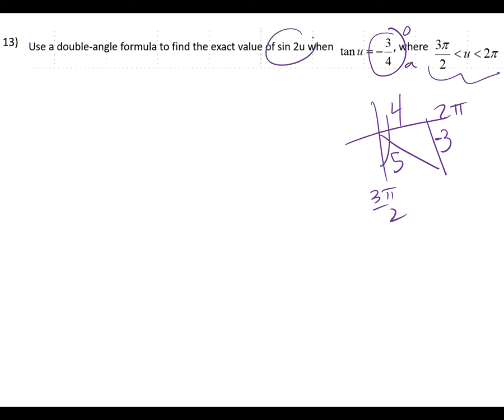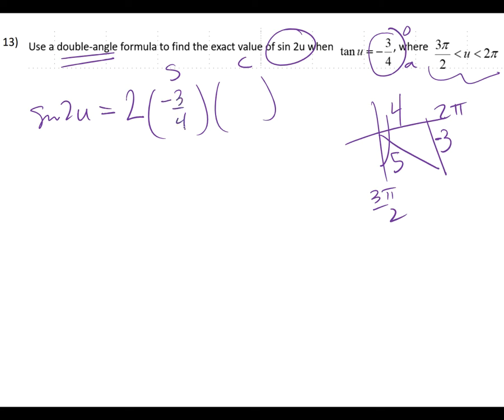Now I'm going to actually look at what I've got to solve. It's very explicit. It says use double angle. So I look at my sheet and I find double angle. I need to find sine of 2u. So what does the formula start with? 2 sine theta, cosine theta. What's the sine of that triangle? 3 over 5.